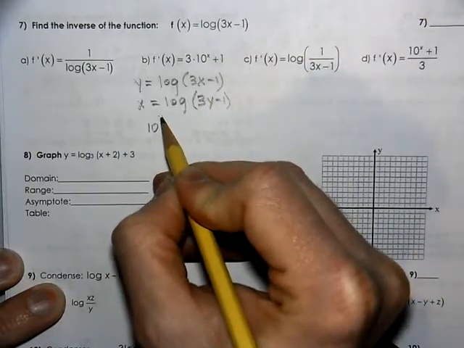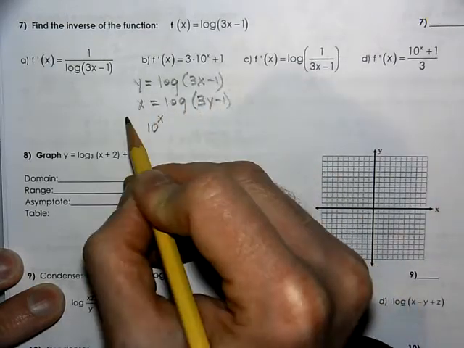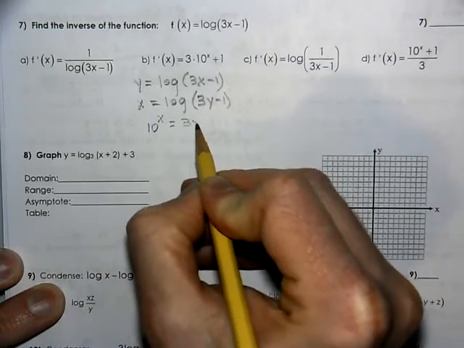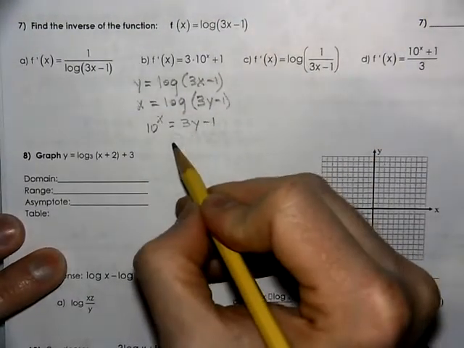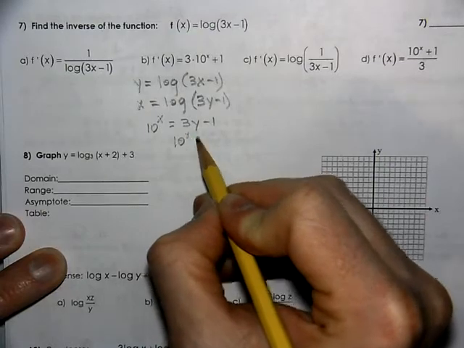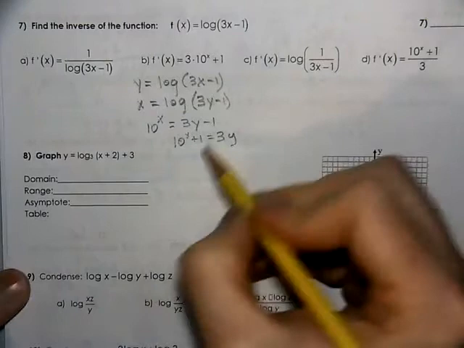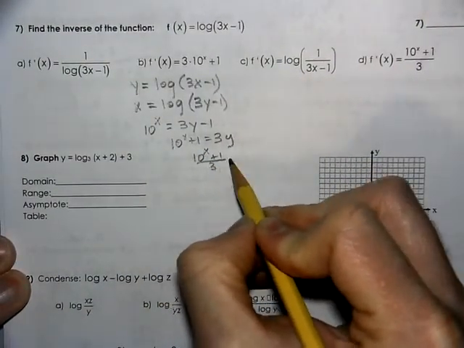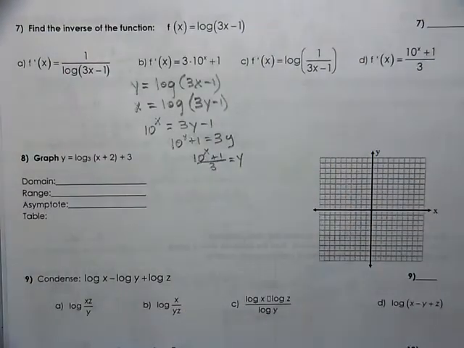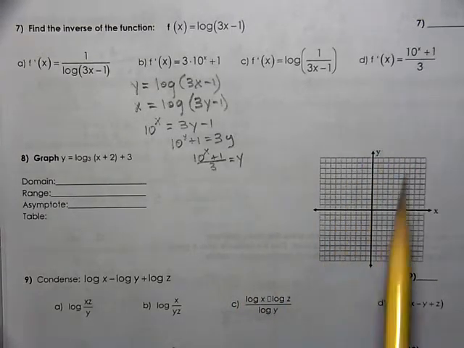Your exponent will be the x, because that's what a logarithm always equals. So 10 to the x equals 3y minus 1. So we're going to add the 1 across, and then we're going to divide by 3. So looking at which options would work there, it definitely looks like D.